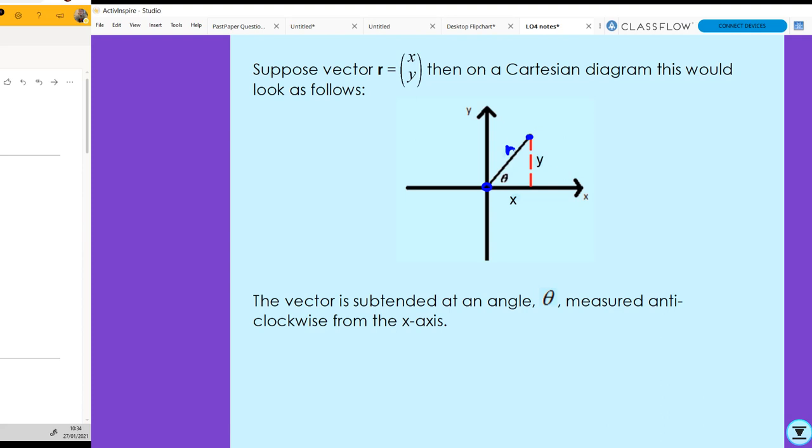This vector is subtended at an angle theta, this angle here, and it's measured anti-clockwise from the x-axis.